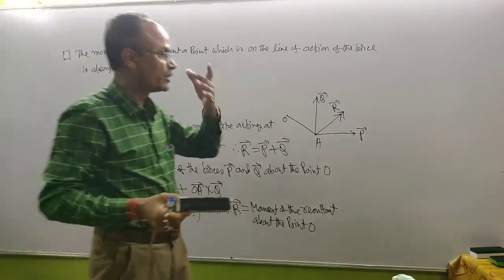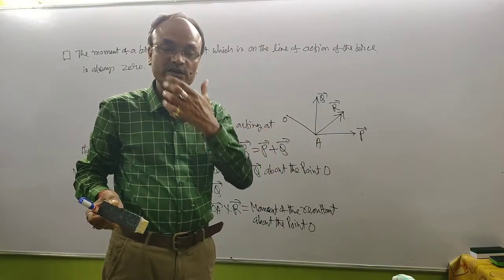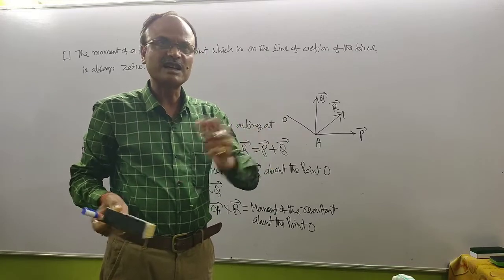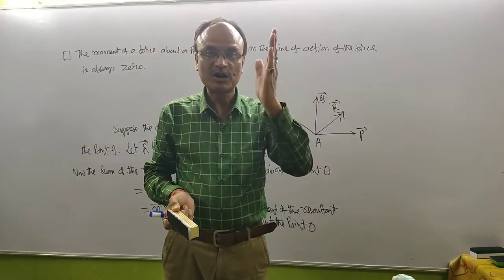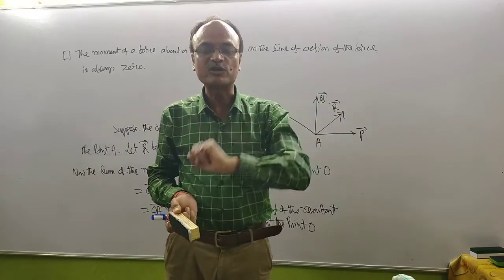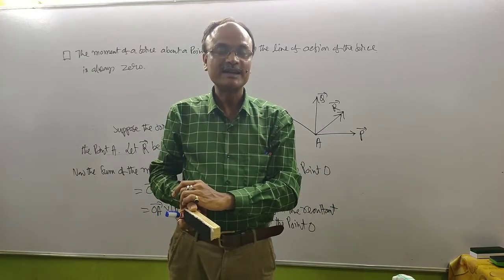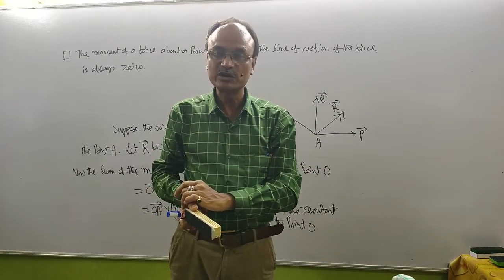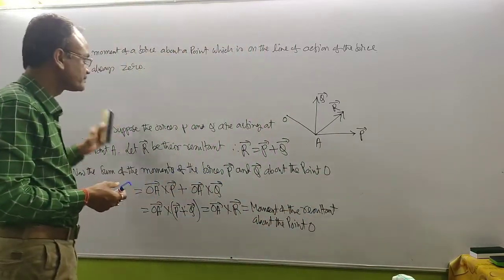What is the definition of the moment of a force about a point? It is equal to the product of the force and the perpendicular distance from the point to the line of action of the force. Therefore, the perpendicular distance is equal to 0, and the moment will obviously be equal to 0.